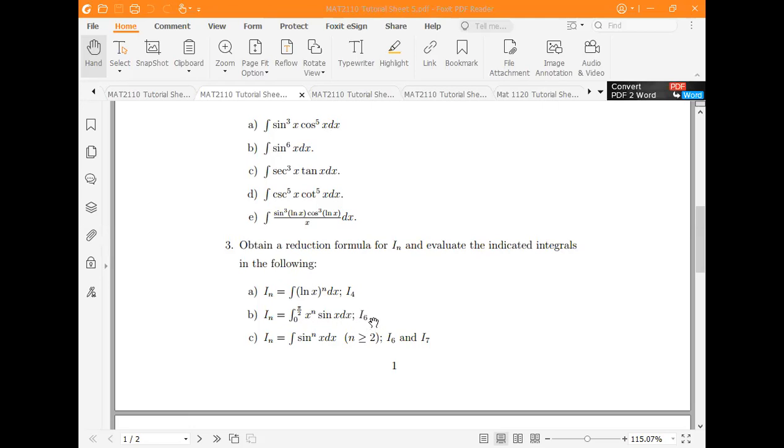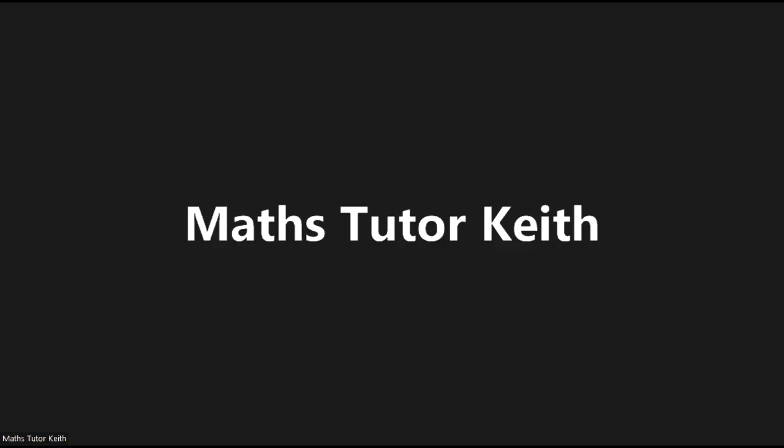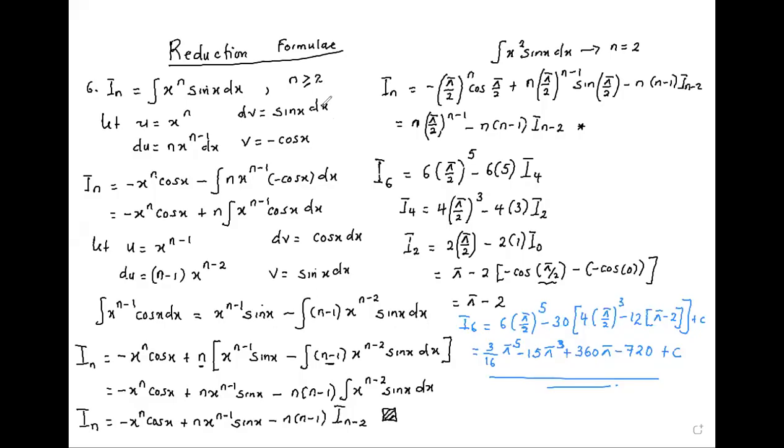So what's the integral when you have x to the power 6 sin x dx from 0 to pi over 2? So we now attend to the pi over 2 issue, 0 to pi over 2, in the reduction formula. Before we can go to I6, in the very formula here, we substitute 0 to pi over 2.